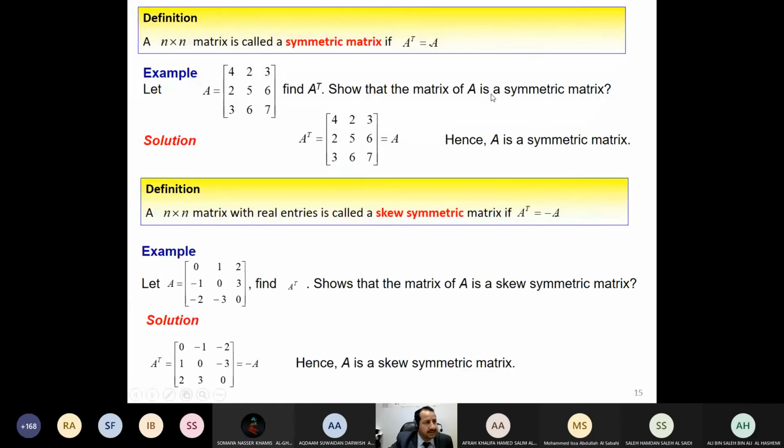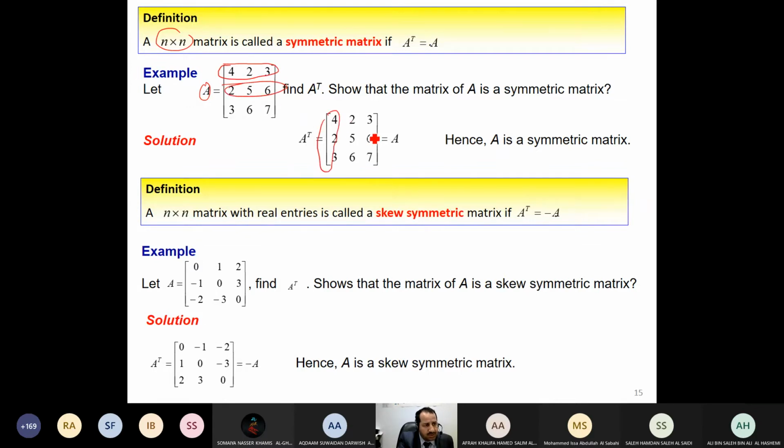Now, symmetric matrix. A symmetric matrix is also a square matrix, where the matrix and its transpose are the same. For example, this matrix A is a square matrix and it's symmetric because when you transpose it, you have the same elements. This row will be this column.